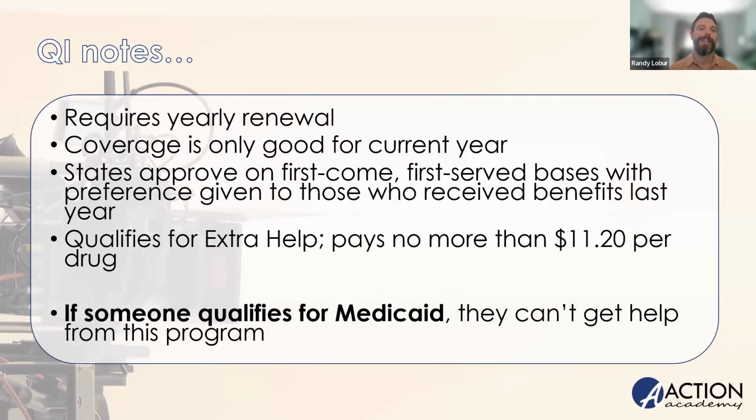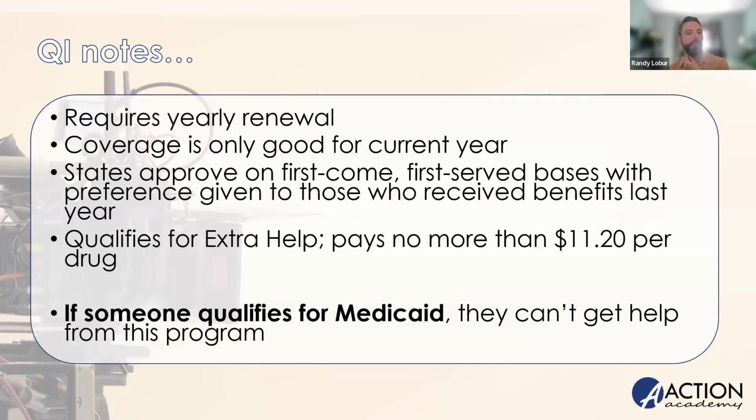This program, states approve funding for beneficiaries on a first come, first served basis, with preference given to those who received the benefits last year. And states can fund this program at their discretion. So you may have someone who was eligible last year, but maybe is not eligible this year because the state hasn't funded this particular program. So that's something to think about as well.